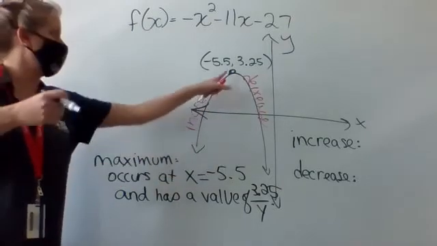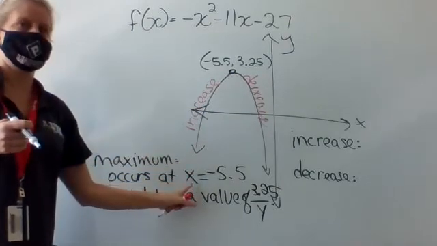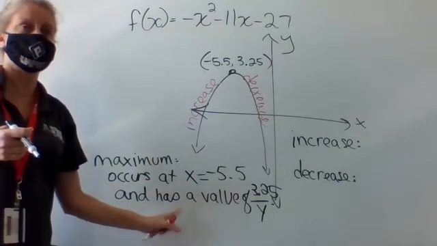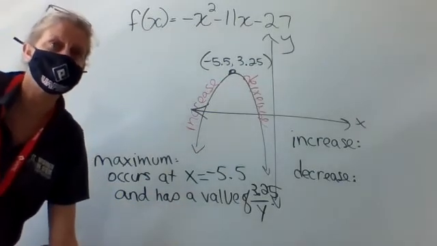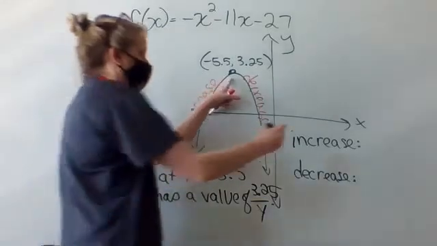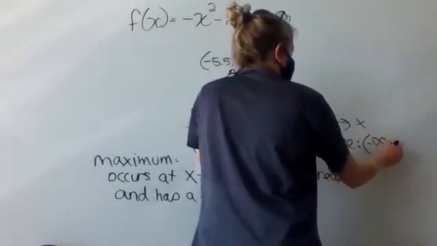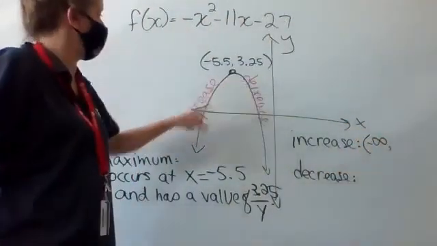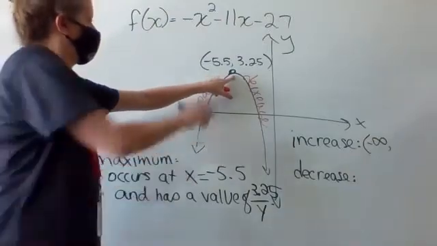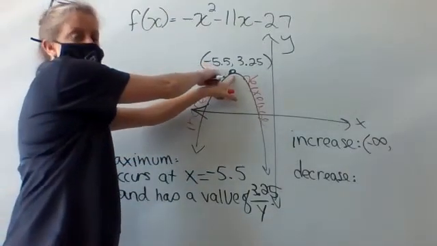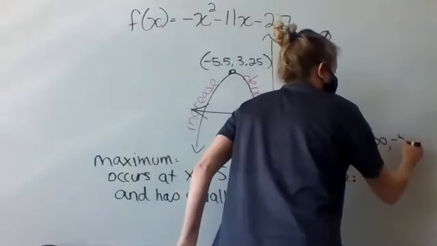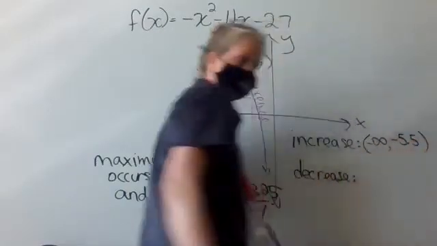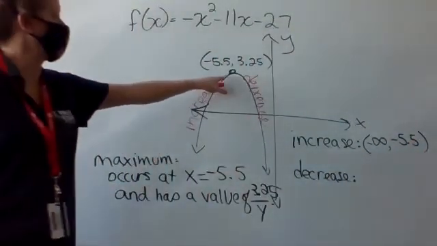So let's see, what are arrows going this way mean? Where is it starting to go up? It starts to go up forever to the left. So that would mean it starts to go up at negative infinity. Where does it stop increasing? Negative 5.5. What happens at this point?